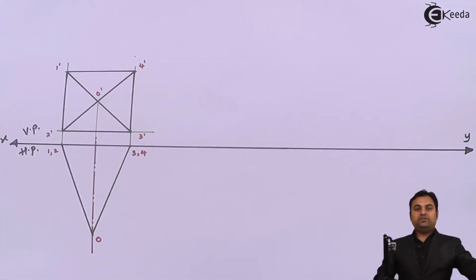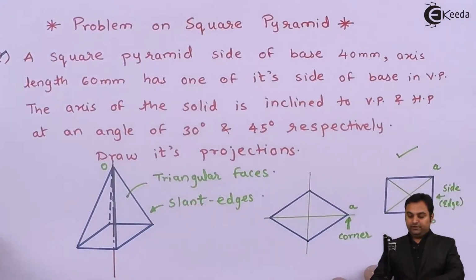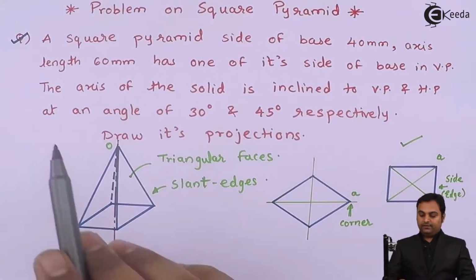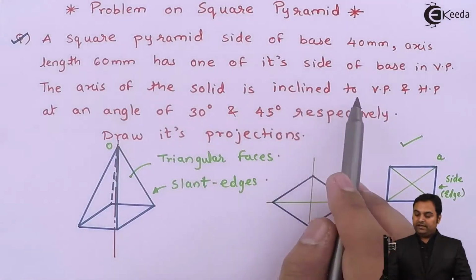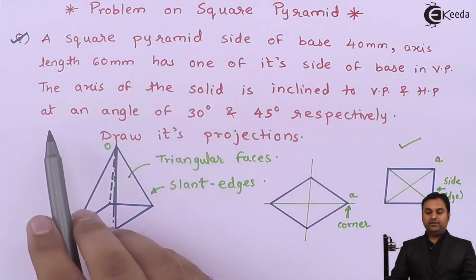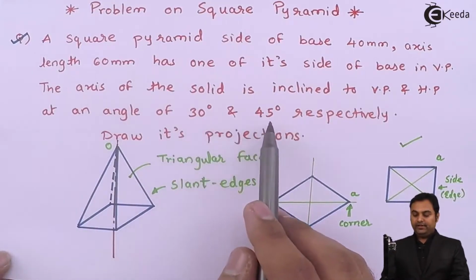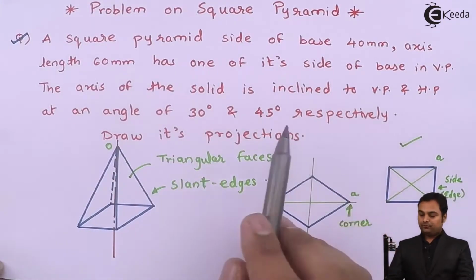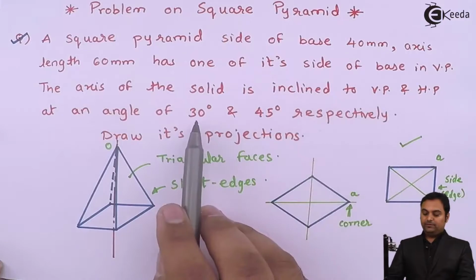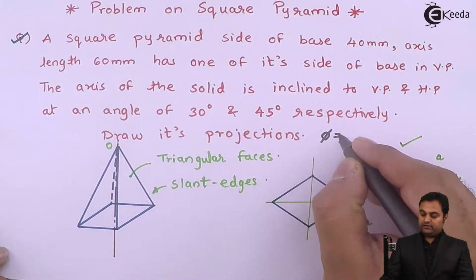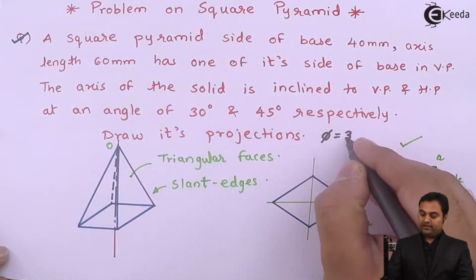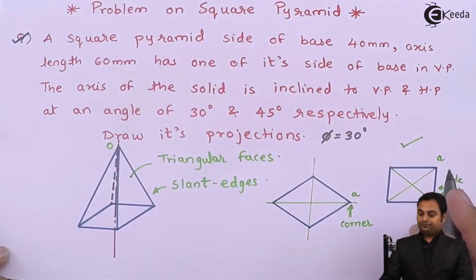Now, after the initial condition has been completed, it is given that the axis of the solid, that is the square pyramid, is inclined to VP and HP at an angle of 30 degree and 45 degree respectively. So inclination with VP is denoted with phi and that is 30 degree.